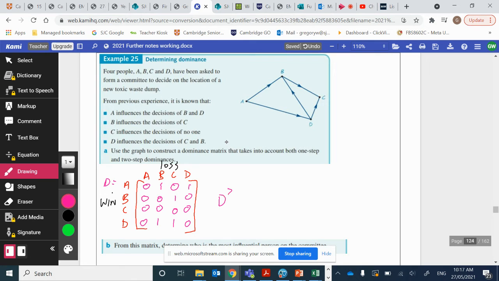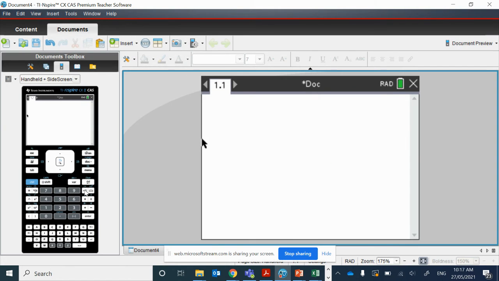Now we work out D squared. We can either work through our matrix or we can just take that and get a matrix.